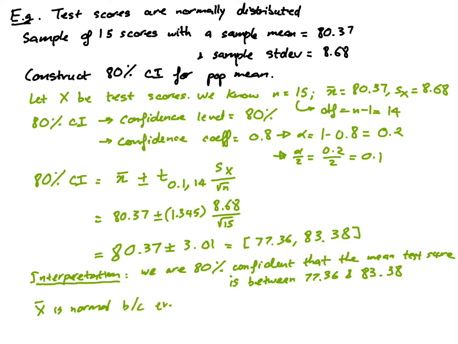Because even though we have a small sample size, so n is equal to 15, less than 30, the original variable is normally distributed. Okay, that was given to us in the question.